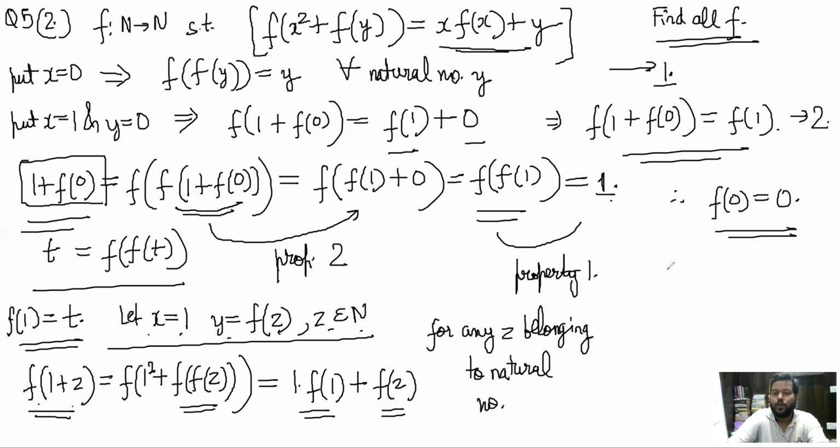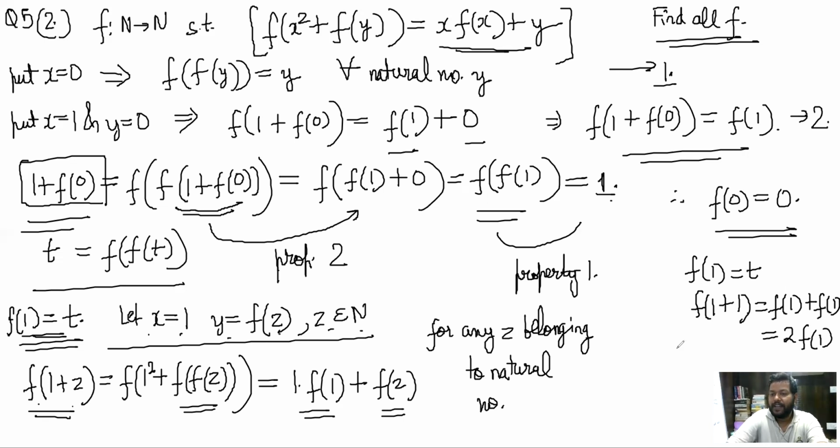Great. So that will mean that let f of 1 is equal to t, right? If f of 1 is t, then f of 1 plus some natural number, let's say 1, will be f of 1 plus f of 1, because z is also 1 by this property. So that will become 2 times f of 1, no?